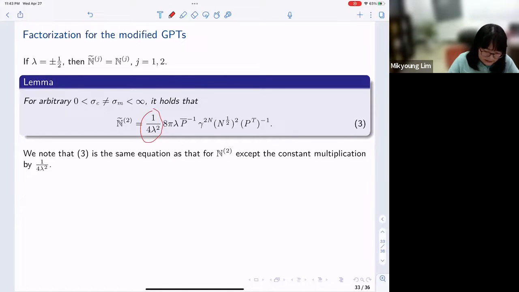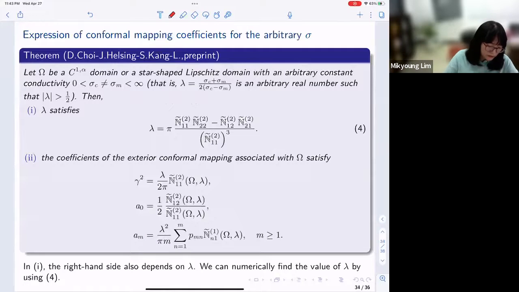As we did for the extreme conductivity case, this relation provides an expression for the conformal mapping coefficients. The second part is exactly the same as the extreme conductivity case, except that now we use the modified GPT values. For the first part in the extreme conductivity case, I assumed that we know the sigma value. Now, instead of assuming the sigma value, we can use this first equation.